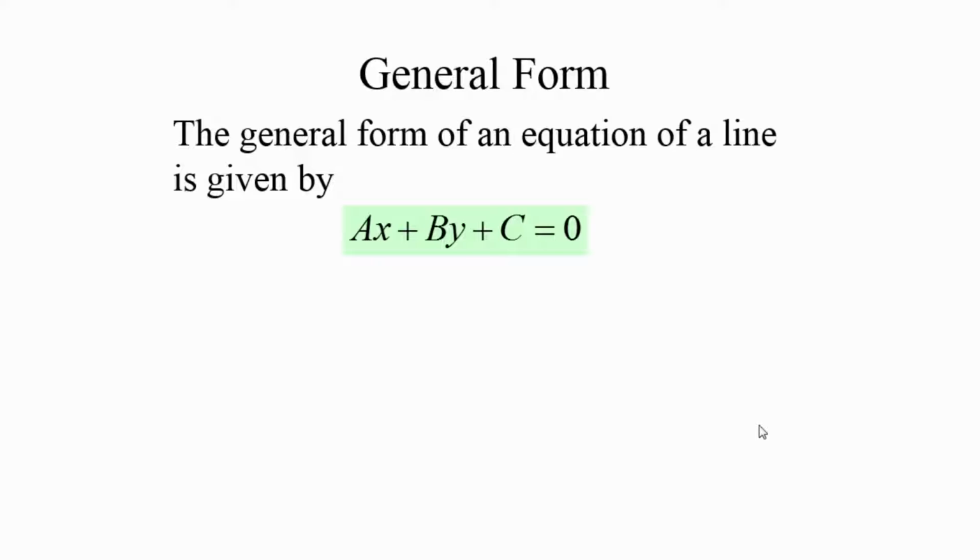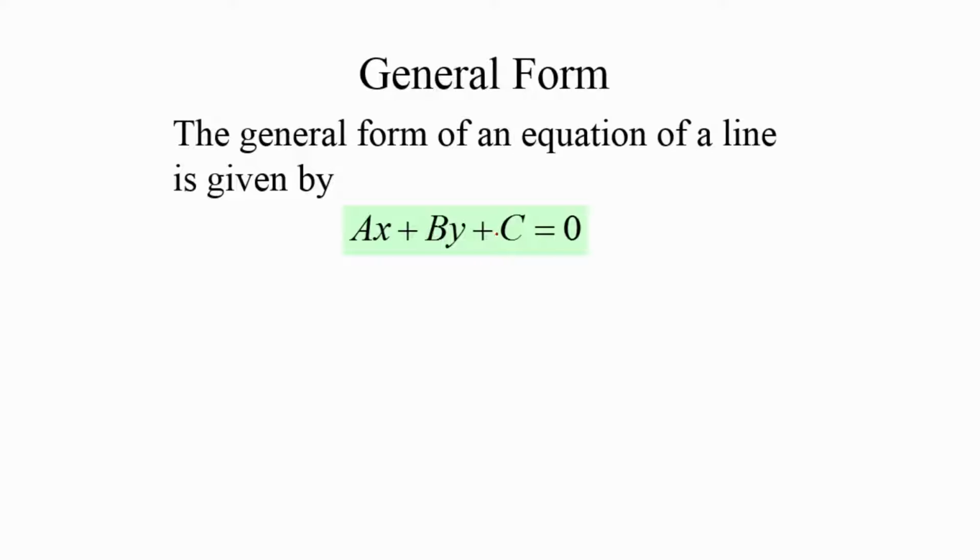The general form of a linear equation or equation of a line is when you have everything on the left-hand side, and on the right-hand side you will have 0. So this is another form. So we had three different forms of the equation. So ax plus by plus c equal 0.